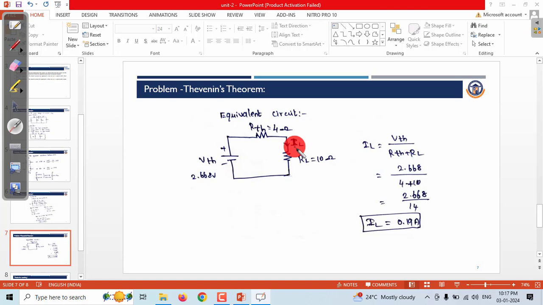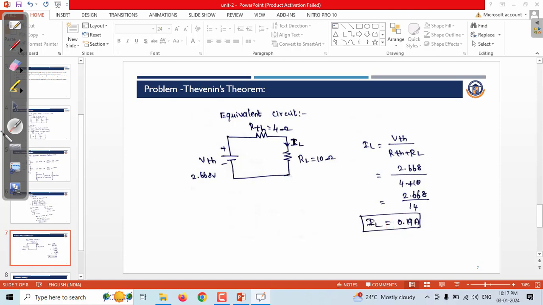So I equals V by R, where V is VTH and R is RTH plus RL, the two resistors connected in series. RTH value is 4, RL value is 10. By calculating these values, we get IL as 0.19 amps.